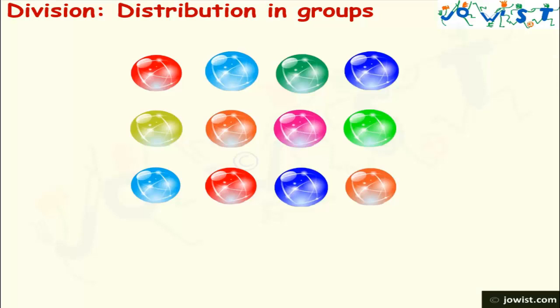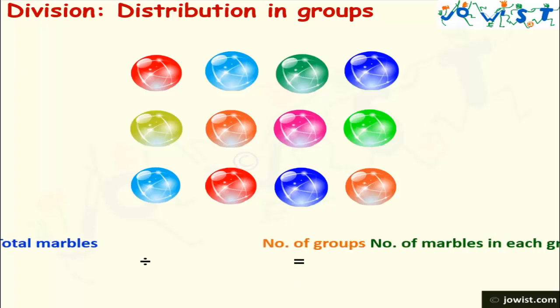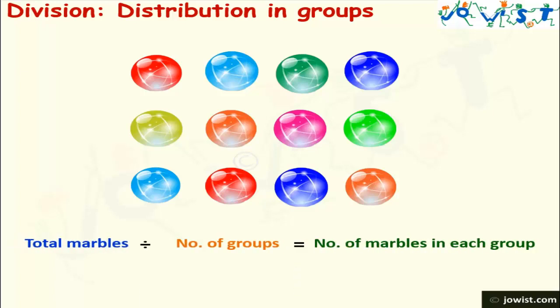Now let's make 12 groups of 12 marbles and represent it as division fact. How can we represent it? Yes. Total marbles divided by number of groups is equal to number of marbles in each group.